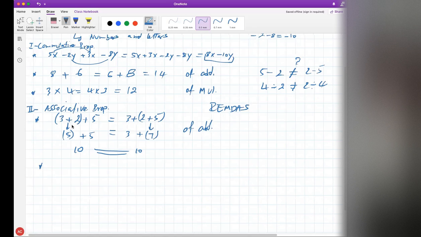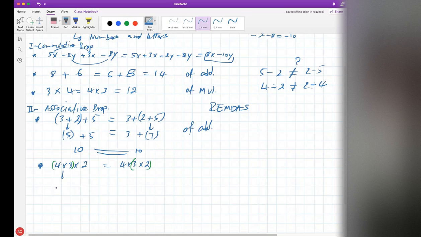Let's see that this also applies to multiplication. So you may have 4 times 3 times, for example, 2. Okay, so that's a different example. And again, we can do this in a couple of different ways. So we may start here, for example, or we may start with these two instead. And the final result should be the same.